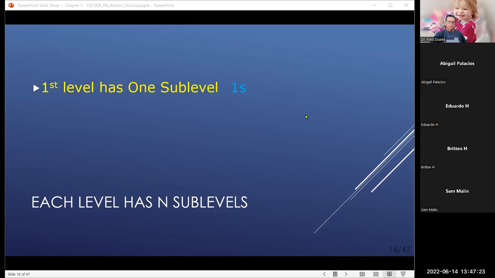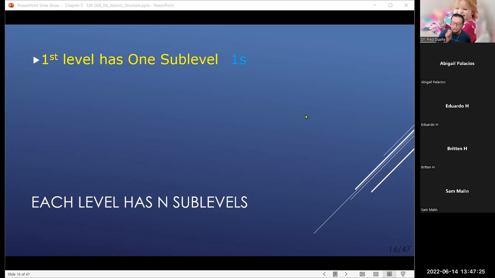All right. So in the first energy level, there's only one orbit or sublevel, and that is the S. We denote it by the coefficient 1. The 1 tells you that it is the first energy level, and the S tells you what type of orbit it is.